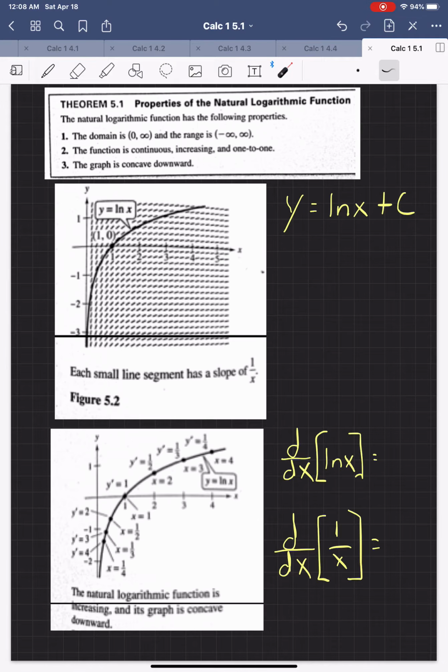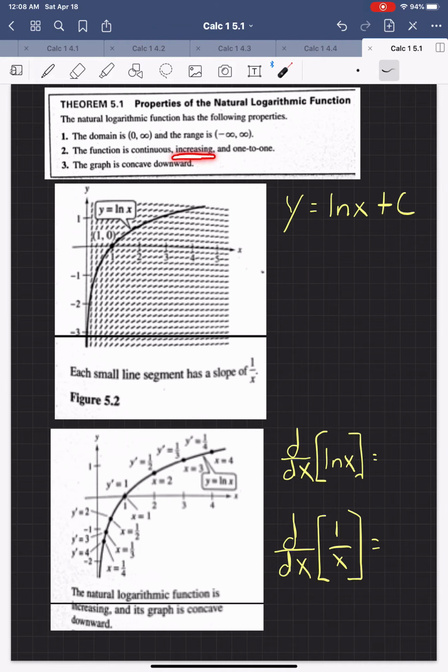Now, another thing to take note of is the ln function is always continuous, right? So there's no breaks. You don't have to lift your marker when drawing it. It is always increasing, and it is 1-to-1, meaning you can find the inverse of it.